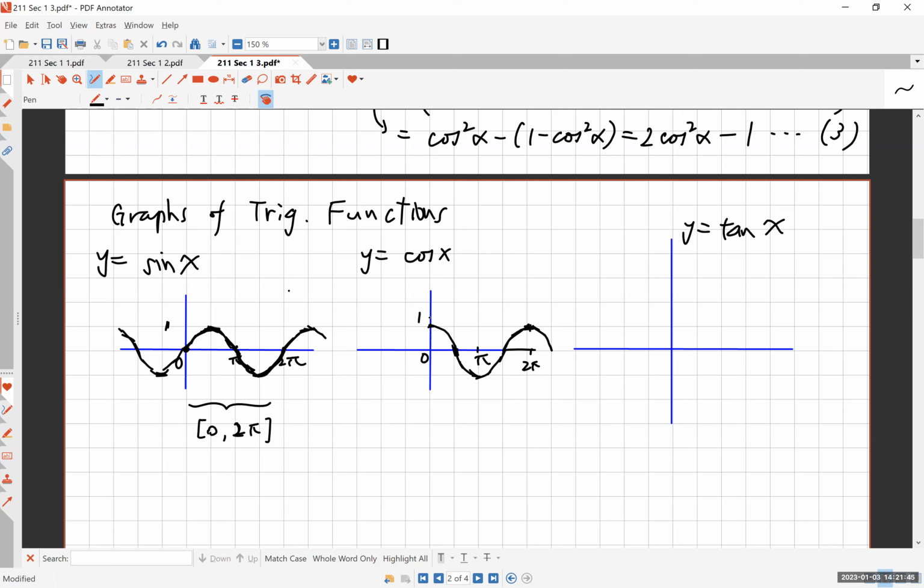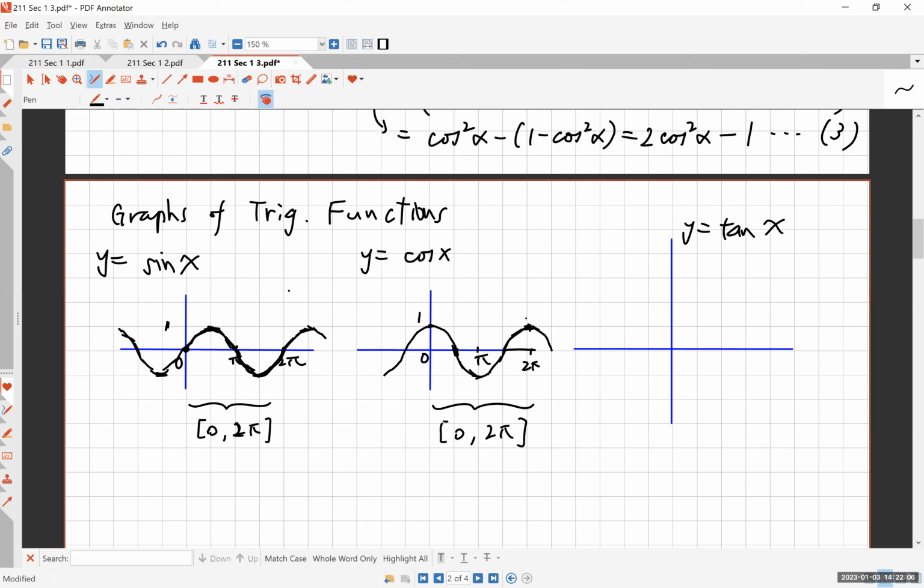And of course, you can continue this and so on. But again, the fundamental region here, or the fundamental domain, is from 0 to 2 pi. Everything that happens with the cosine has already happened between 0 and 2 pi, right? Going down, all the way down to -1, going up to 0, and then going up to 1.